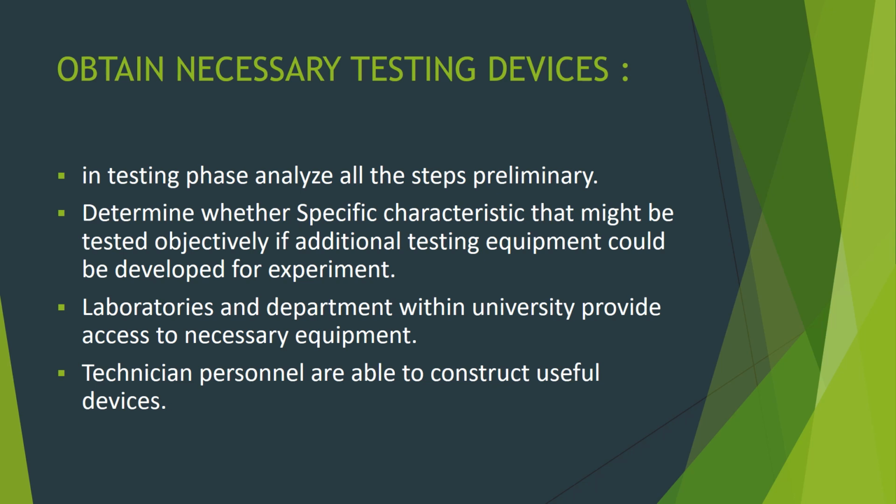Obtain necessary testing devices, because not all devices are appropriate for every kind of food. So for any food that we test objectively, maybe we need another device to find out its further characteristics. So there should always be an opportunity to develop a new device to determine the quality of food.